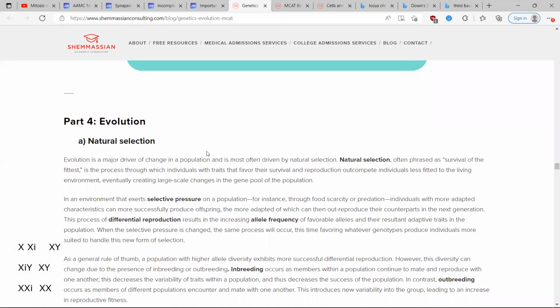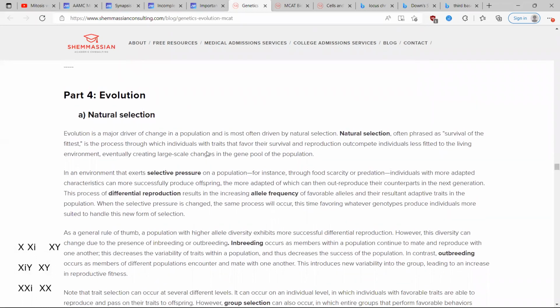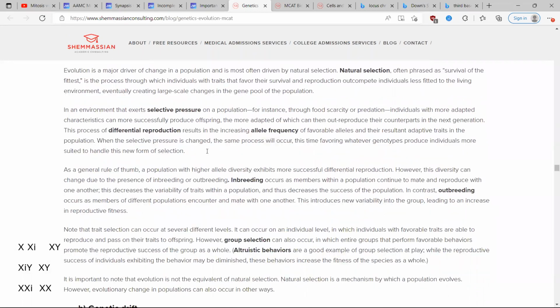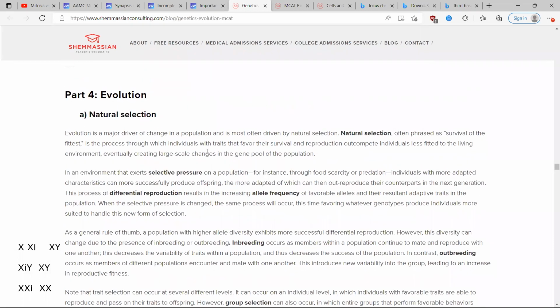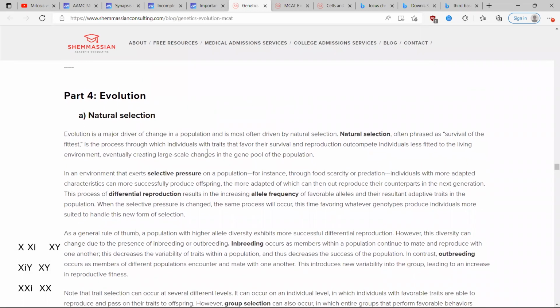I'm sure everybody knows a little bit about evolution from biology, and basically it's how nature selects for advantageous adaptations to the world, right?